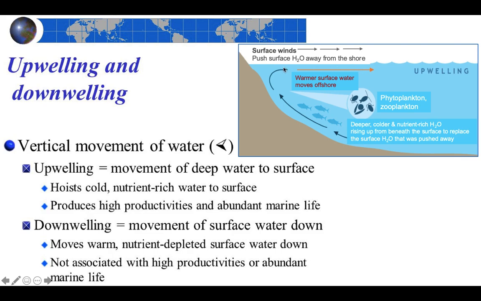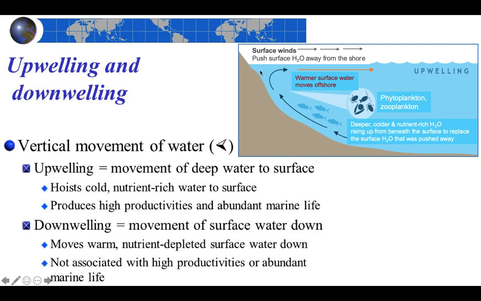And of course, when you move that water, you have to replace it with water. And as a result, deeper, colder, and nutrient-rich water rises up from depth, beneath the surface, and replaces the surface water. So this phenomenon is called upwelling of colder water to the surface.